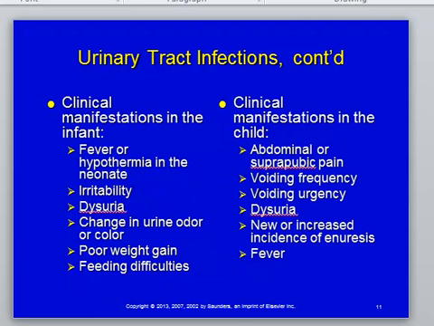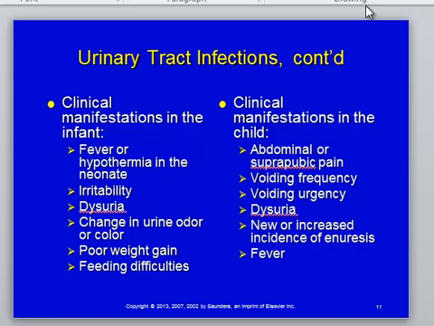This slide just goes over the different signs and symptoms in the infant versus the child. So we'll first start with the infant. Fever, they may have hypothermia in the neonate, irritability, difficulty urinating, change in urine odor or color, poor weight gain, and feeding difficulties.